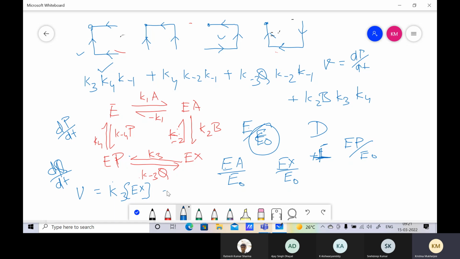So minus K minus 3 into EP into Q. You get the point? So dQ by dt is equal to K3 EX, because this is the part which is generating Q.